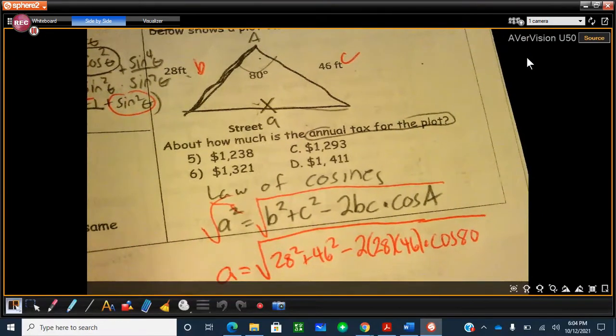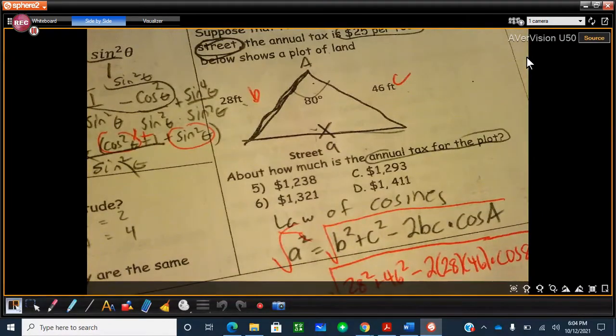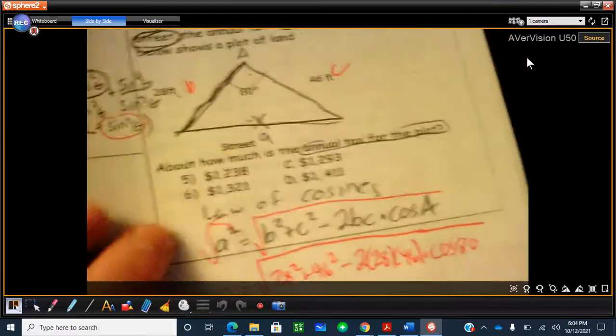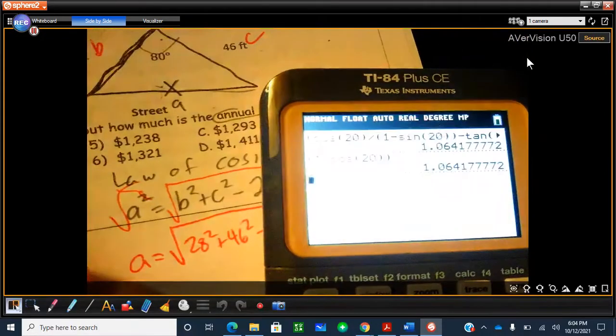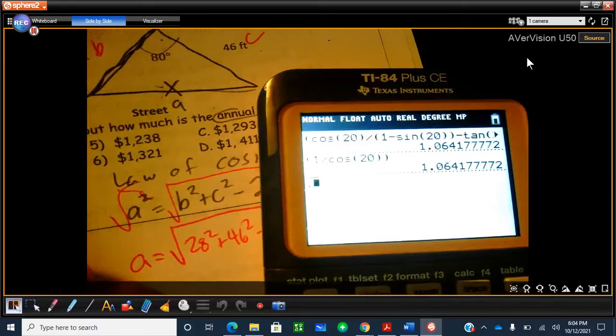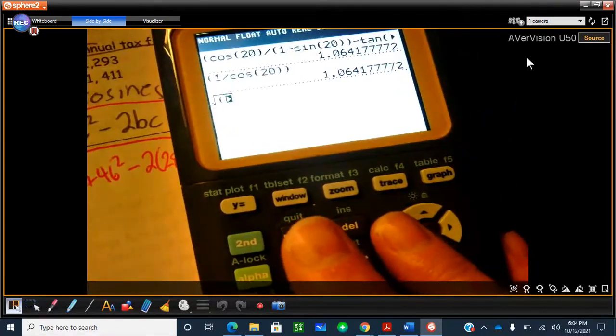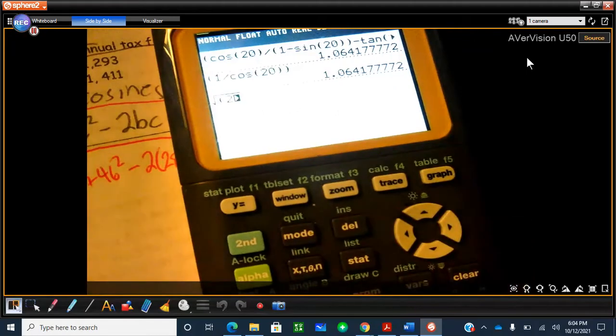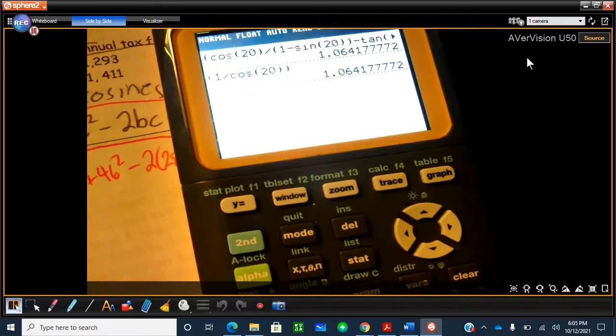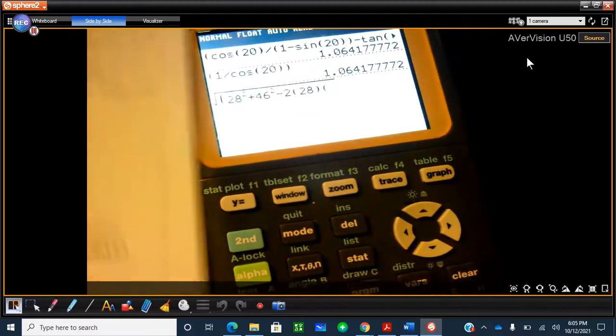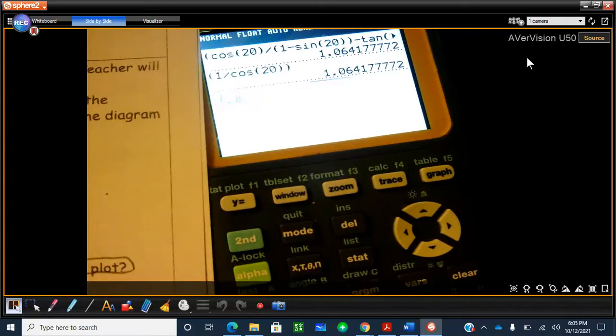And then, let me find my calculator here. I'm going to put it in here. Alright, so square root, parentheses, because I want to put this in the parentheses. Make sure you can see it. 28 squared plus 46 squared minus 2 times 28 times 46 times cosine of 80.